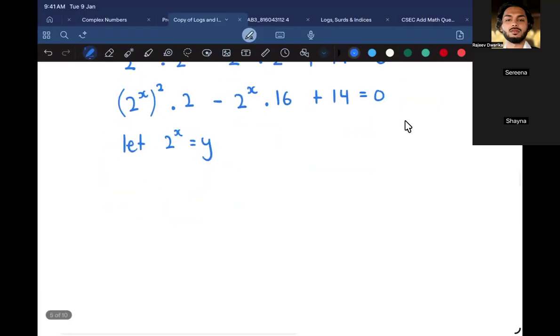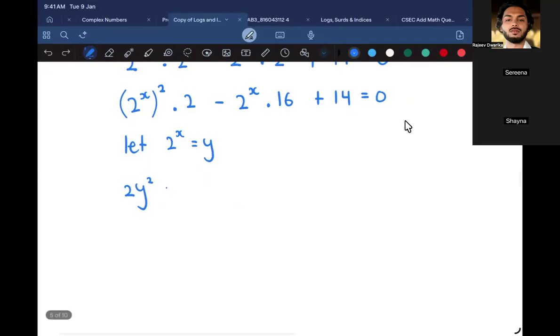So if I do that, I'm going to end up with 2y squared minus 16y plus 14 equals 0.